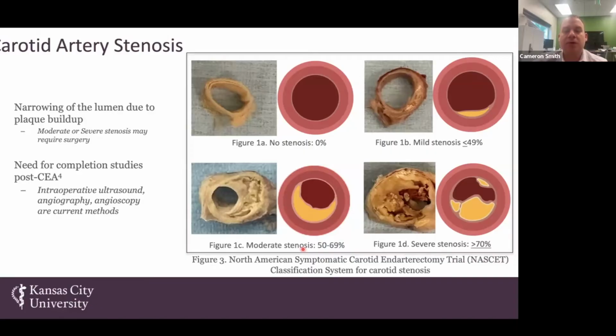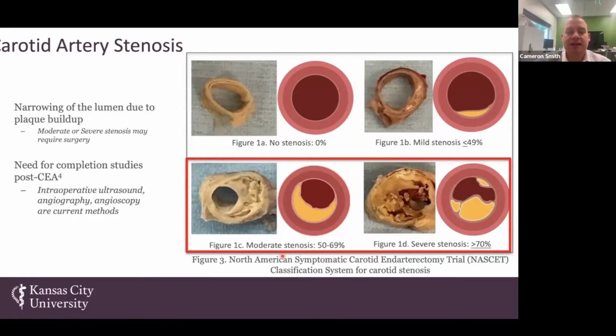It's important to note that although mild stenosis is treated, it is treated medically. When we're evaluating if patients need surgery, we typically look at whether they have moderate or severe stenosis, because these are the ones that usually cause symptoms in patients, such as transient ischemic attacks or strokes.